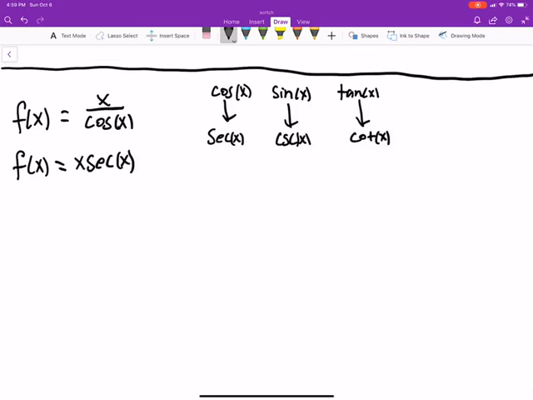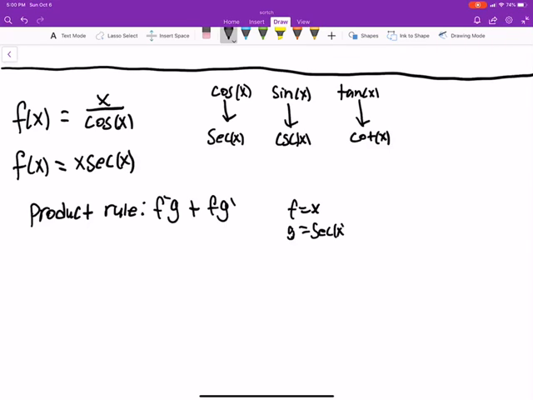And now we can actually use our other rule, which is the product rule. So that's f prime g plus f g prime. And we'll let f be x, and we'll let g equal secant of x.